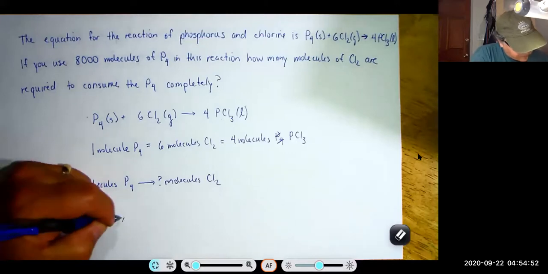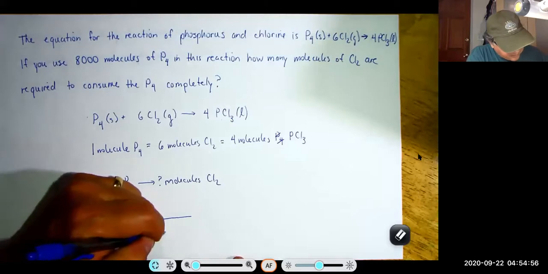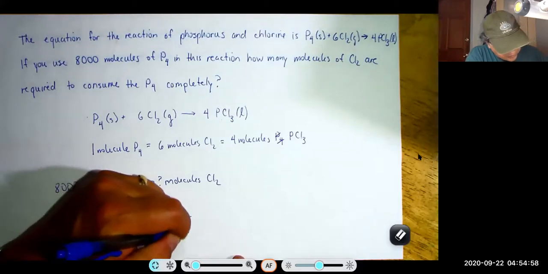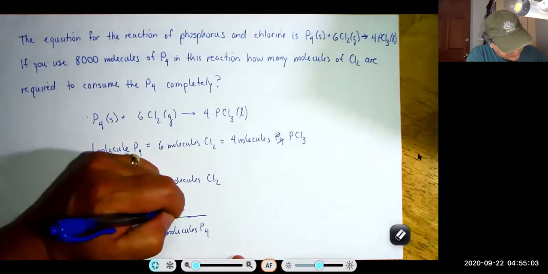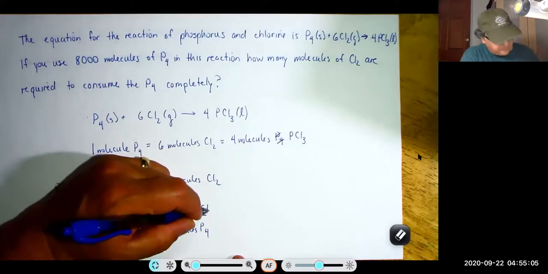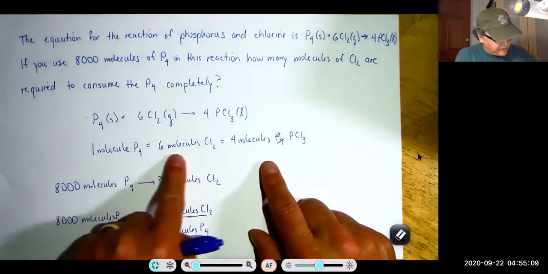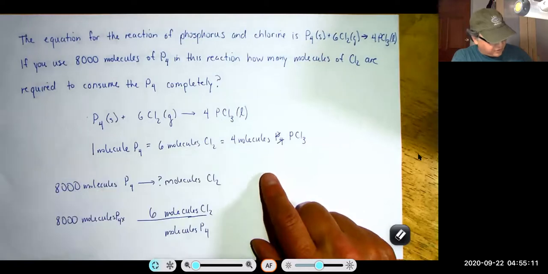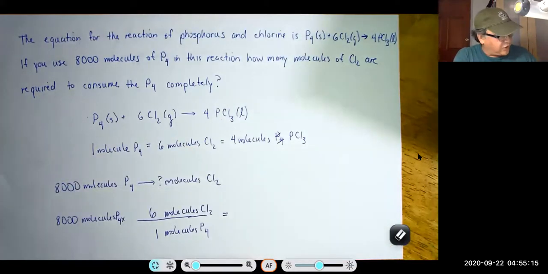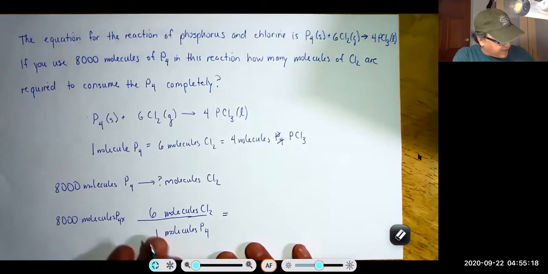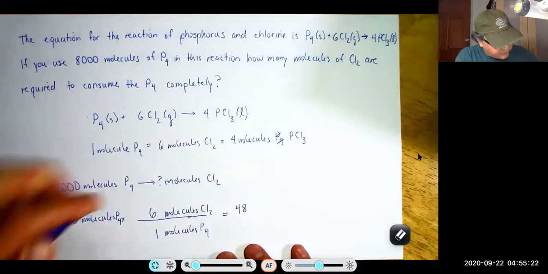So in the best of all worlds, I would be able to find out the ratio of molecules of P4 to molecules of Cl2. And can I find that anywhere? And it's right up here. 6 molecules of Cl2 to 1 molecule of P4. So you can see that in this answer we have 8 times 6, which is 48, plus these 3 zeros.